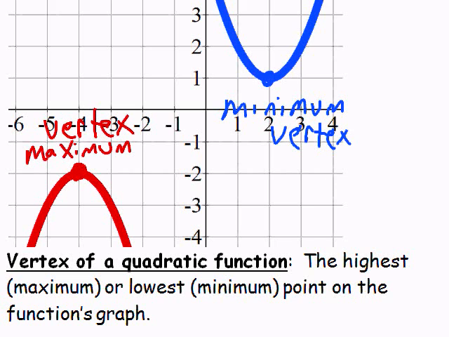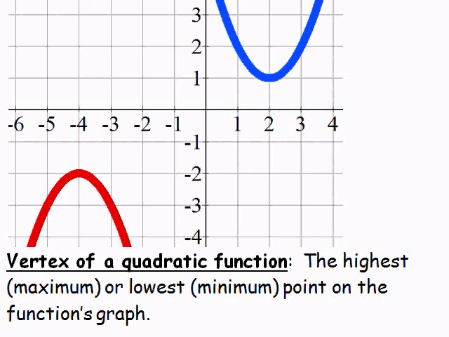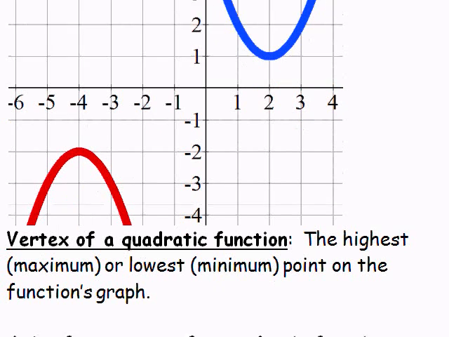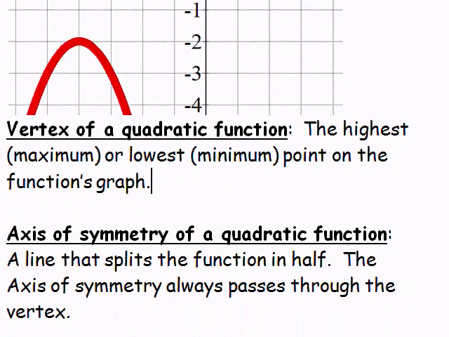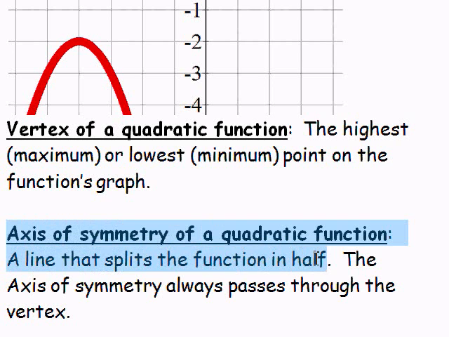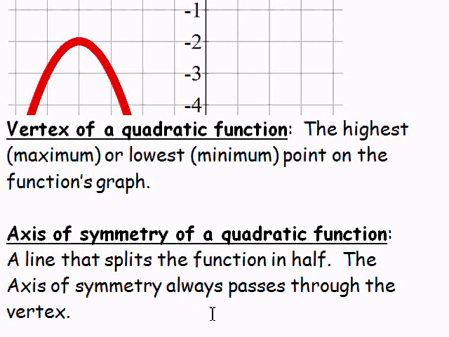Which is going to bring us to, in a second, our last term, which is axis of symmetry. The axis of symmetry of a quadratic function is a line that splits the function in half. Now, the axis of symmetry always passes through the vertex. So if we look at our graph in red, you'll notice that we can split that graph exactly in half by cutting through this line right here.